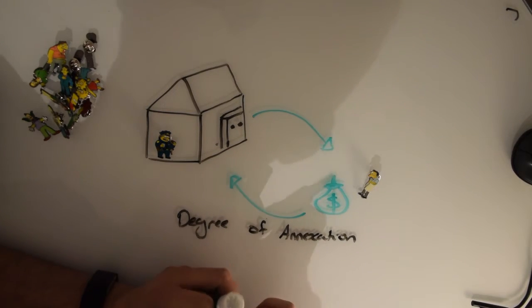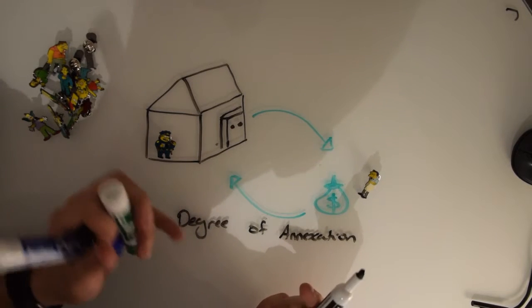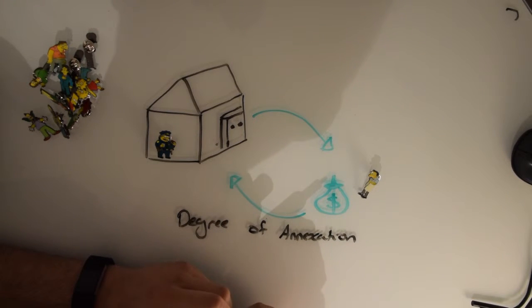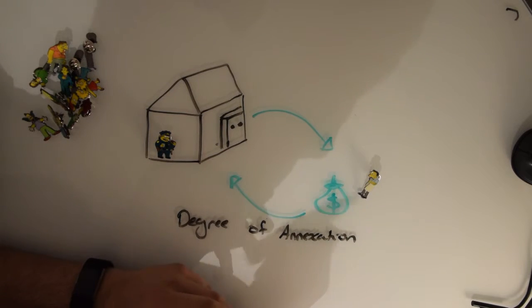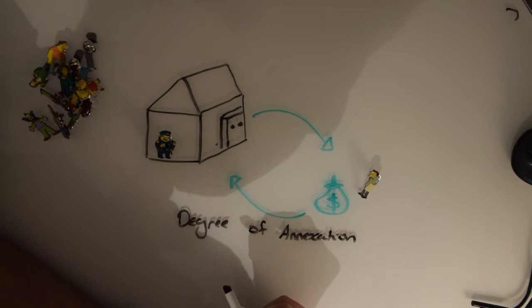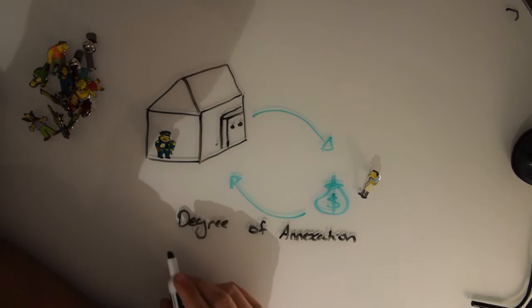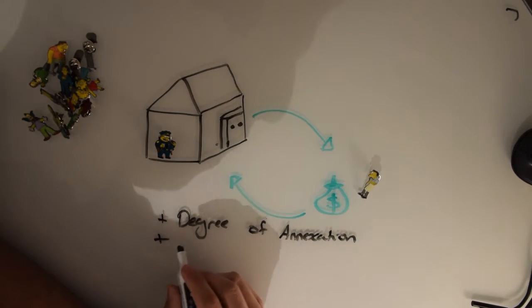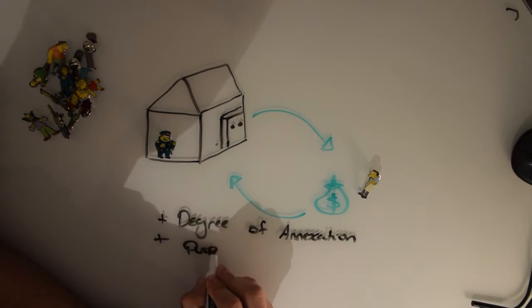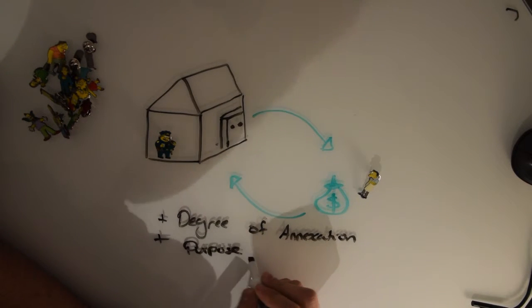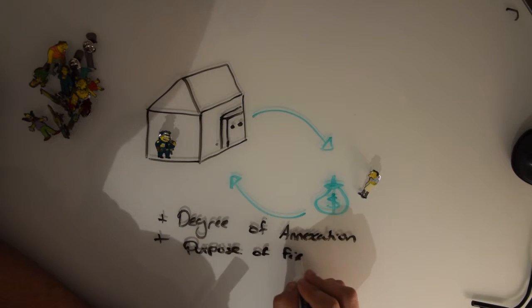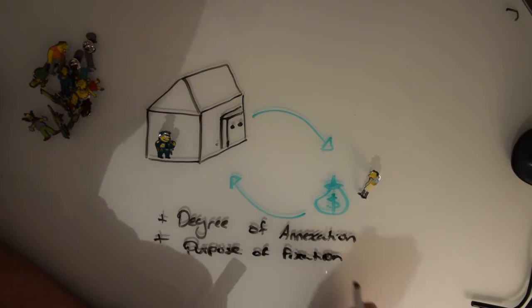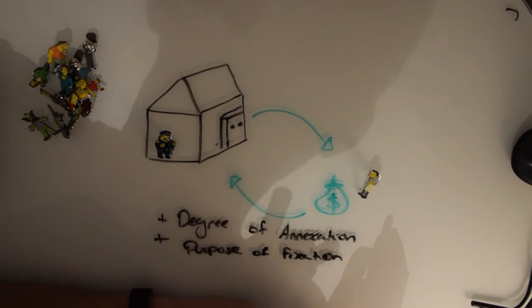The situation between the two parties must be looked at. There's no contractual relationship here. The mode of annexation. Now that's the big one that I'm talking about. There are other things, but it's the degree of annexation, and in addition to that, the purpose of fixation. Those are the two main things, but there are others.